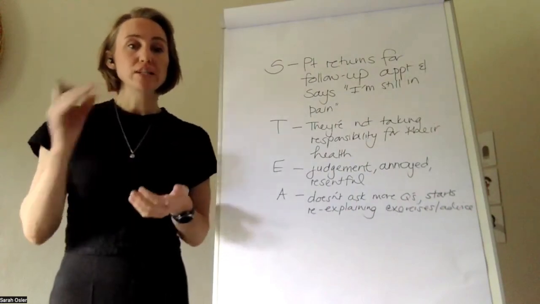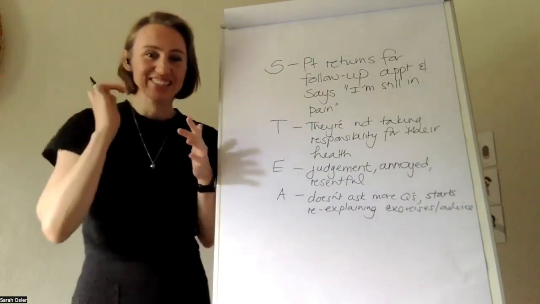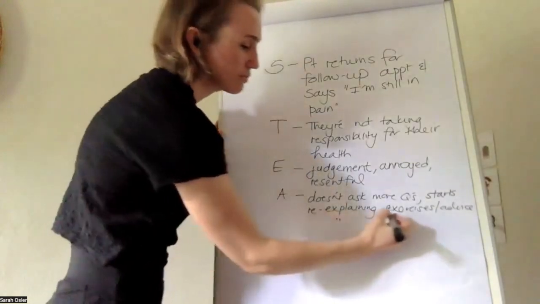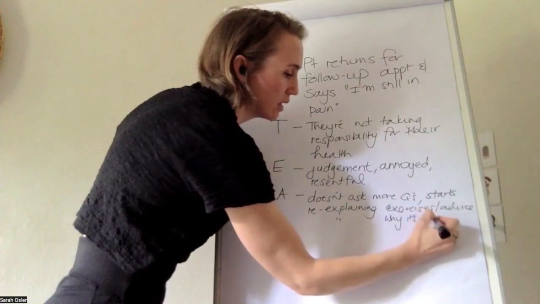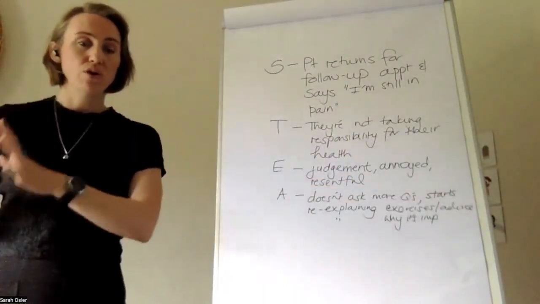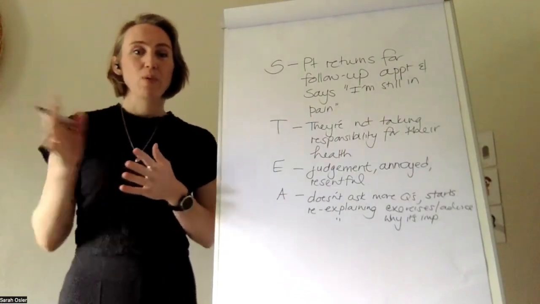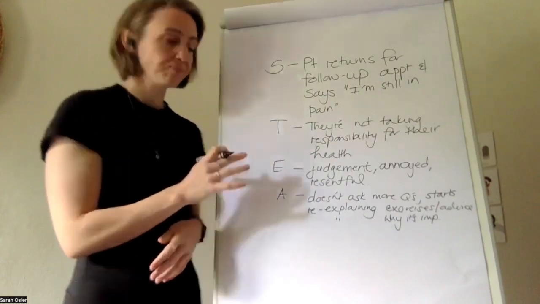So she's re-explaining everything because they clearly didn't get it the first time, right? And she might be re-explaining why it's important that they do all of those things, right? So she's going into her own course of action without getting more information about what is actually happening.